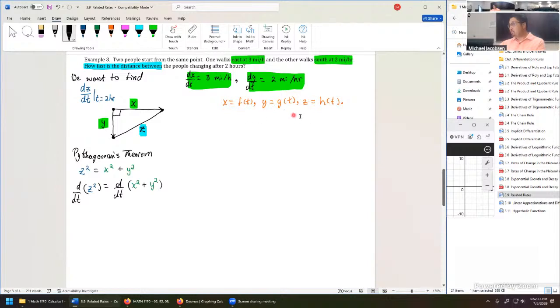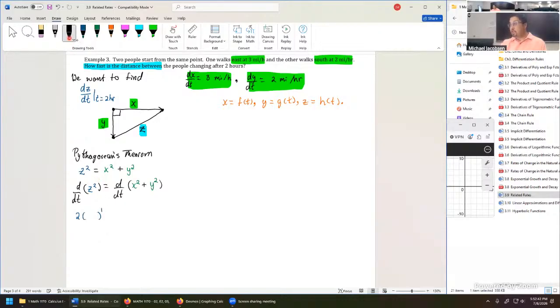We have to use the fact that x, y, and z are all functions of a new variable, time itself. That implies every derivative we take here is going to involve the chain rule. The inner function is z. The outer function is the power 2 function. So following the rules for differentiating using the chain rule, we differentiate the outer function first. 2 comes down.